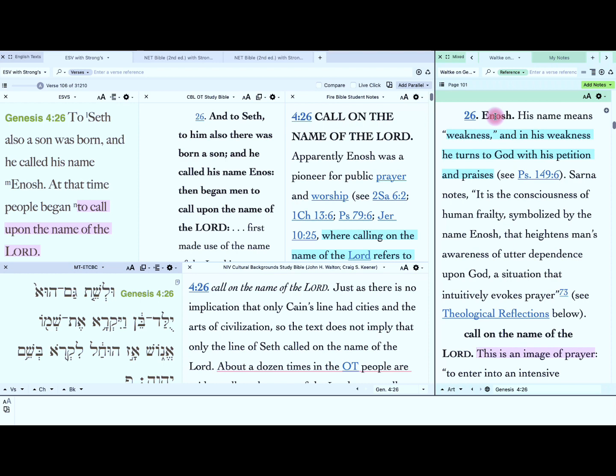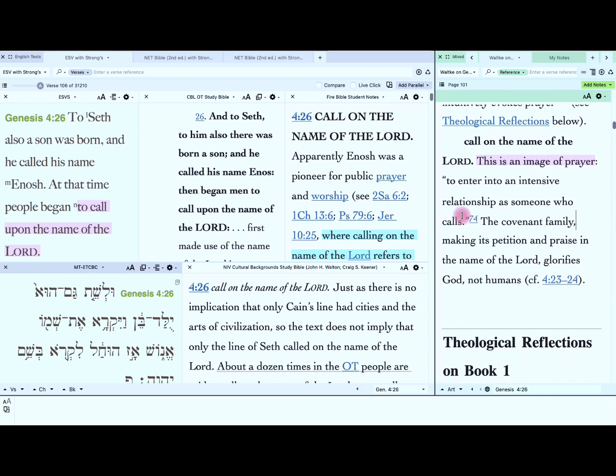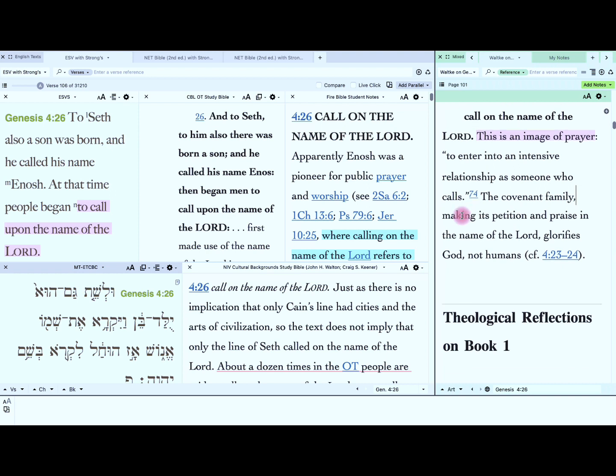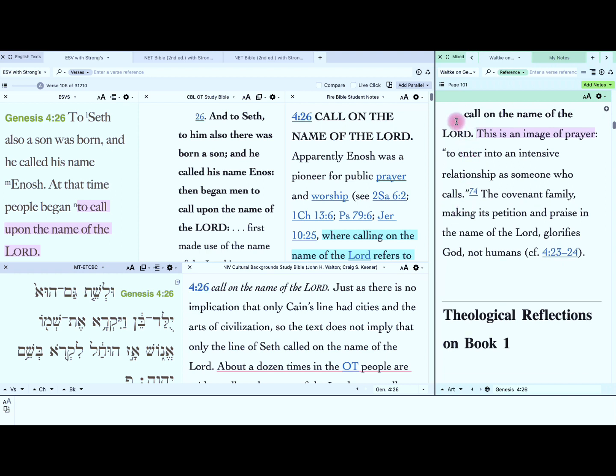Bruce Walker has a nice commentary on Genesis, and this commentary says, Enosh, his name means weakness, and in his weakness he returns to God with his petition and praises. That is what he writes, okay? And down here, he also comments the following: call on the name of the Lord. What does it mean?